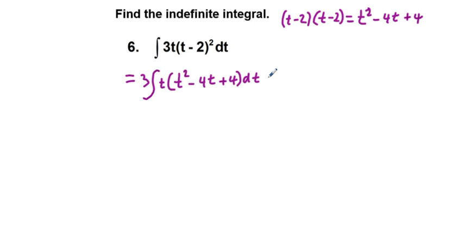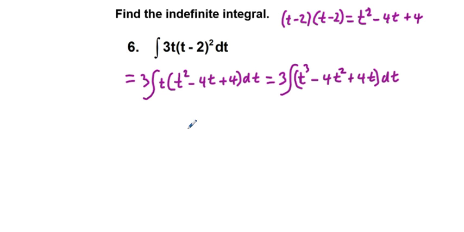And when we work this all out, we distribute, we have 3t times t squared is t cubed, minus 4t squared plus 4t, and we have dt times all of this.